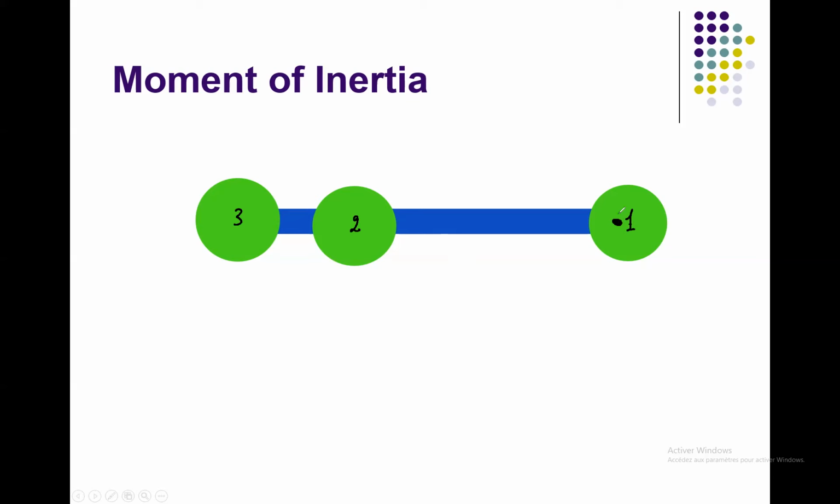Here we have the axis of the whole system, and here also we have the center of mass of object 1. For object 2, here is its center of mass, and here the center of mass of the third object. At the midpoint of the rod, we have the center of mass of the rod.